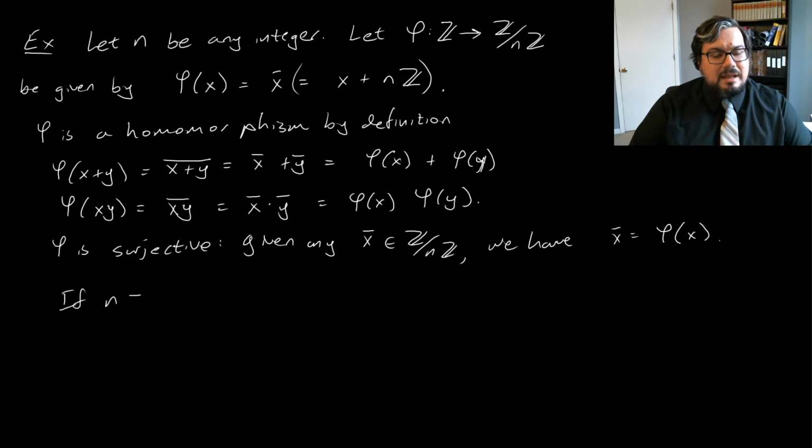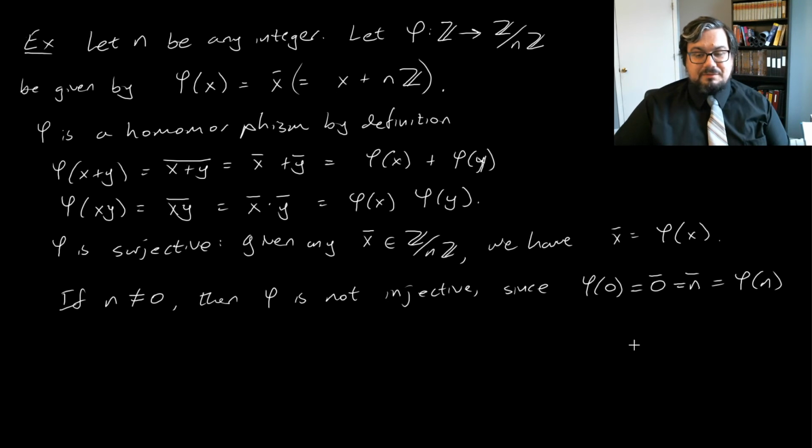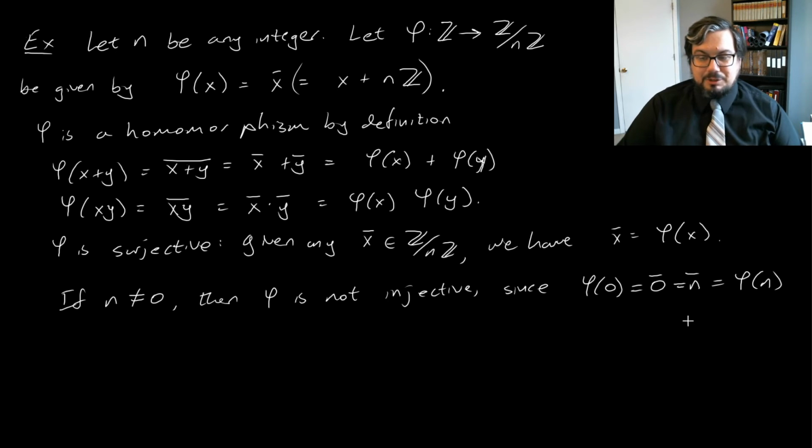However, if n is not equal to 0, then phi is not injective, since phi of 0 is 0 bar, but that's the same as n bar, which is phi of n. And so we have two different inputs to the function giving the same output.